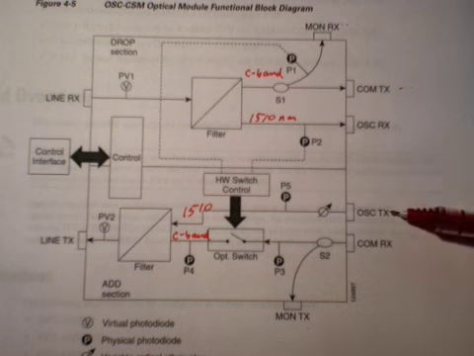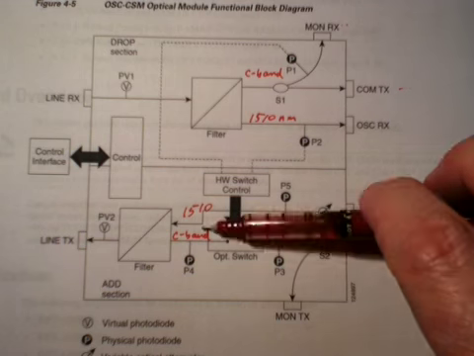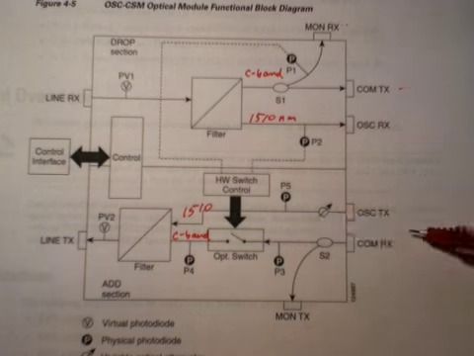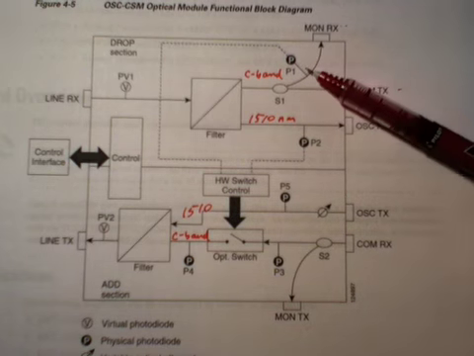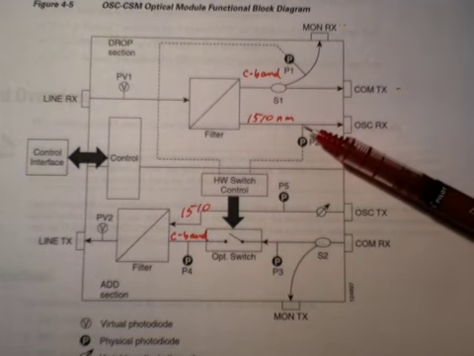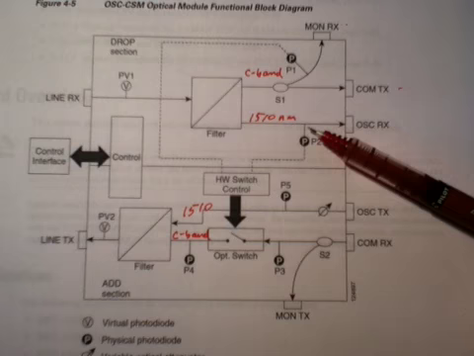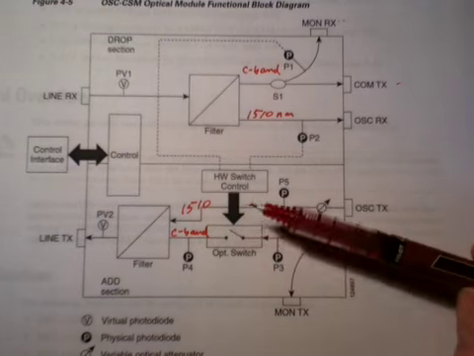So here's basically that functionality that I drew. Here's the optical service channel transmission. It has a variable optical attenuator on it, and it multiplexes in with the rest of the C-band to go to the line out. Okay, the fact that we've got these controls coming from the monitor in and the through optical service channel, I'm not so sure about the functionality of that.